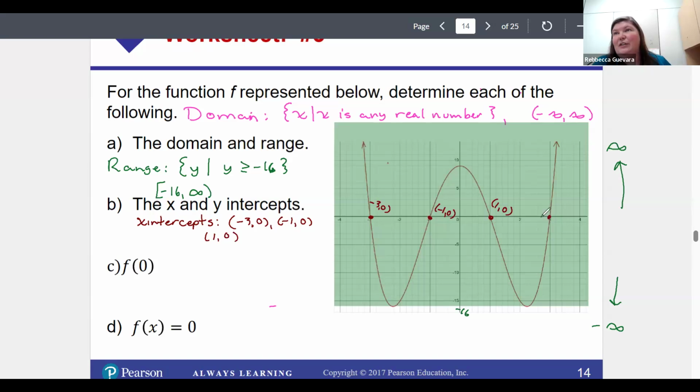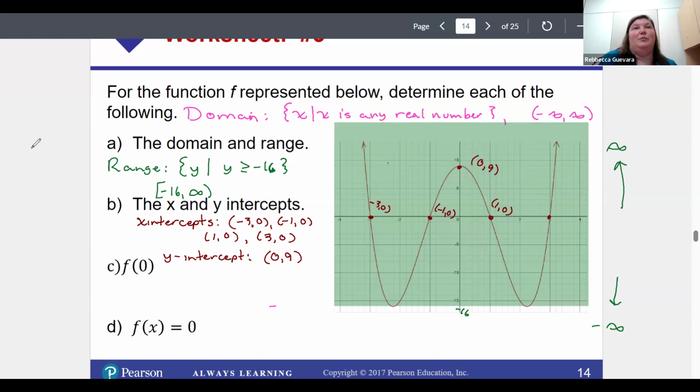And we will have one here at 3, 0. And then because it's a function, we only have the one y-intercept, which is here at 0, 9.